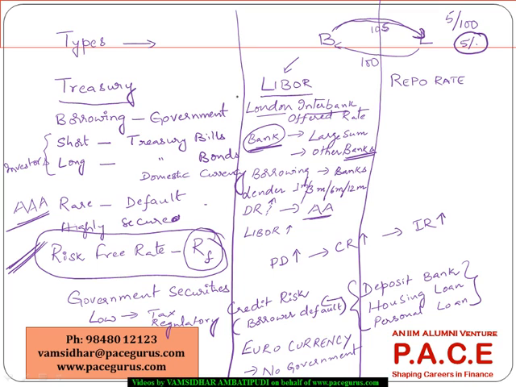And the rates are market determined. If the borrowings of a particular currency are more and the lendings are comparatively lesser, say the borrowing of US dollars is more than the lending of US dollars, then the LIBOR will increase.